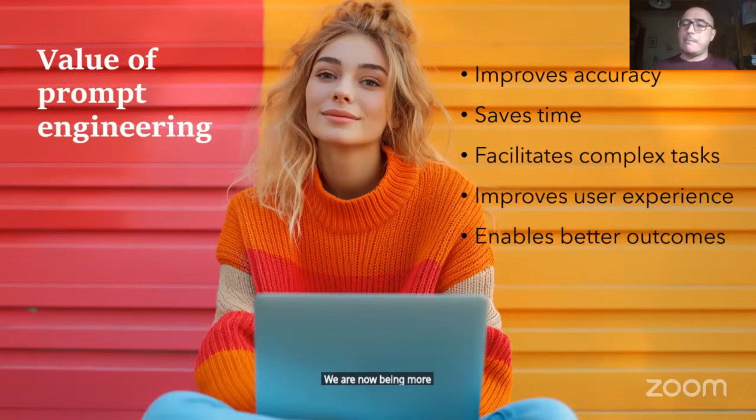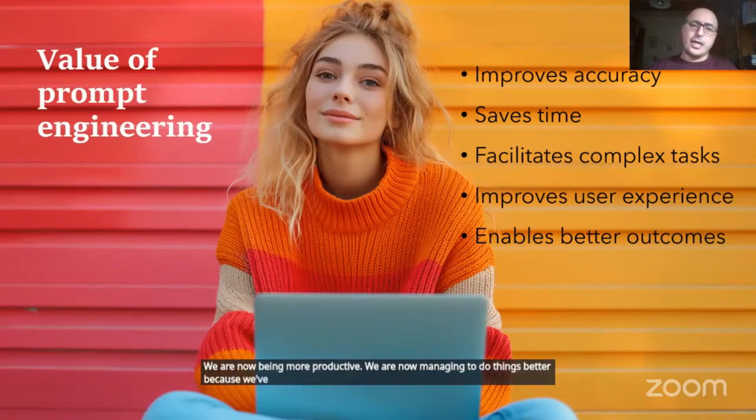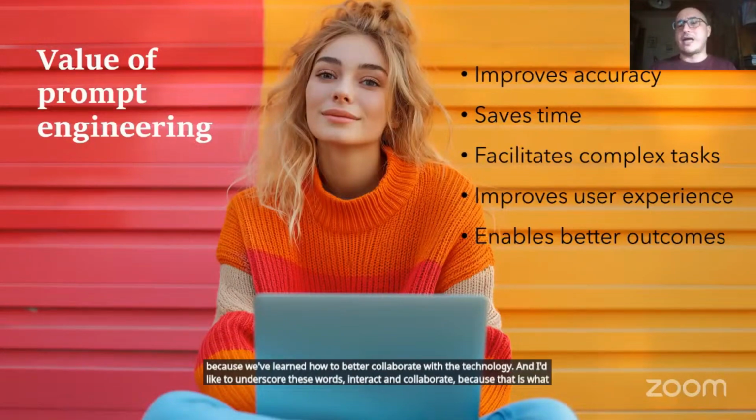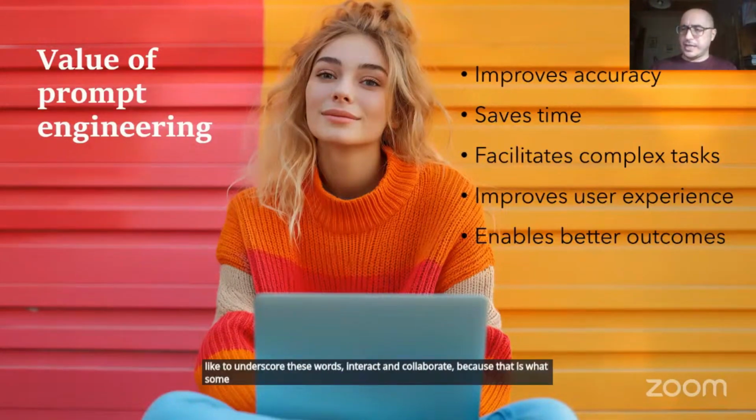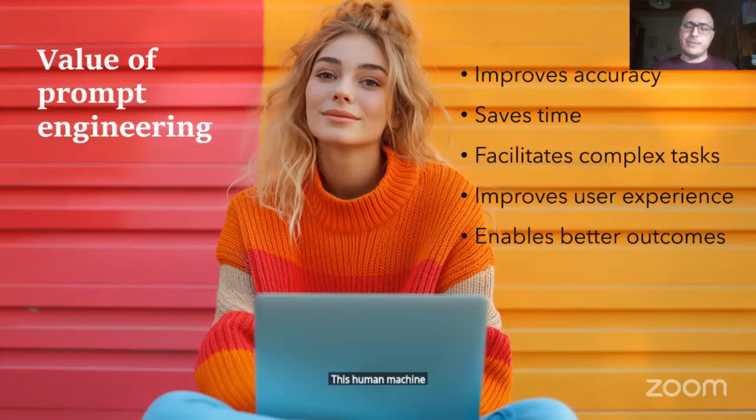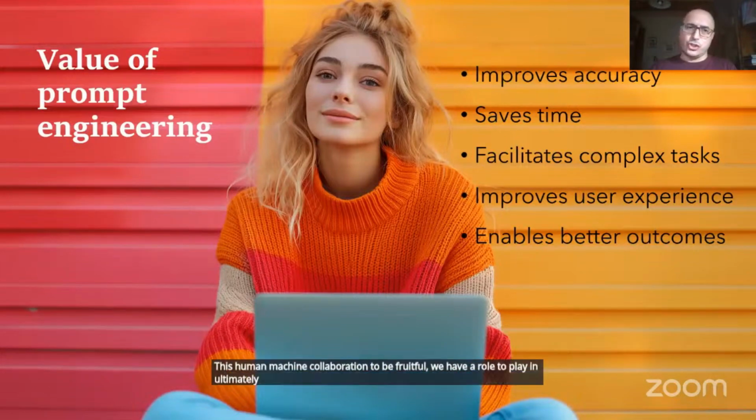We are now managing to do things better because we've learned how to better collaborate with the technology. And I'd like to underscore these words, interact and collaborate, because that is what some research is pointing out, that this is human-machine collaboration. And in order for this human-machine collaboration to be fruitful, we have a role to play in ultimately using this technology in a more efficient manner.